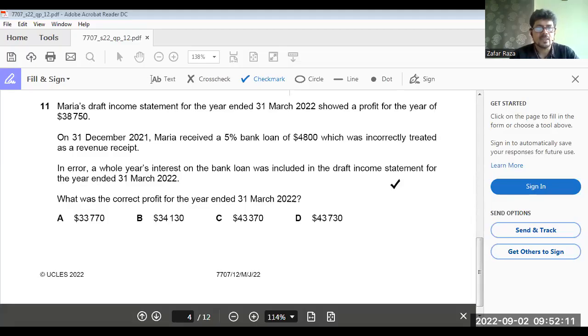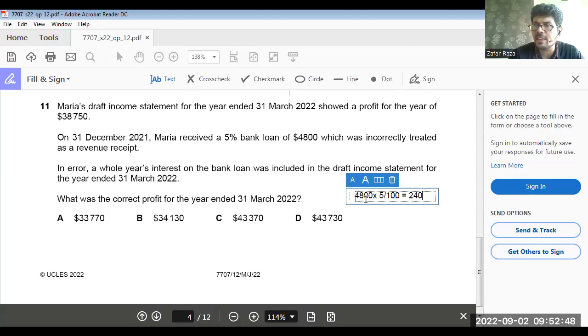Okay. Now, if you take out interest on the loan, that would be 4,800 multiplied by 5 divided by 100. So this loan interest is 4,800 multiplied by 5%, 240. Out of 240, the actual interest to be paid on the loan was for only 3 months, that is January, February, and March 2022. So multiply by 3 divided by 12.